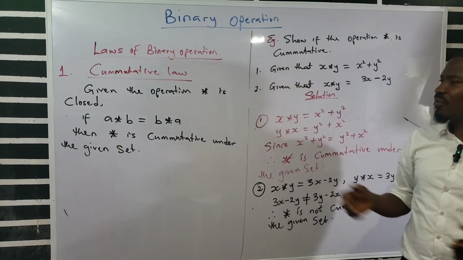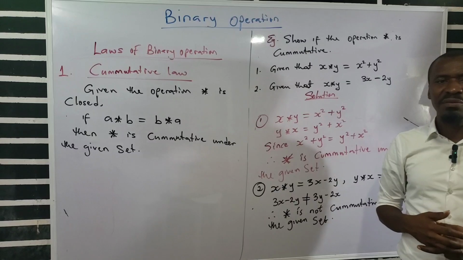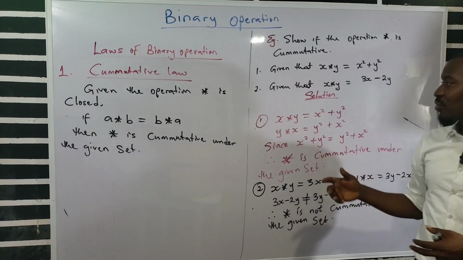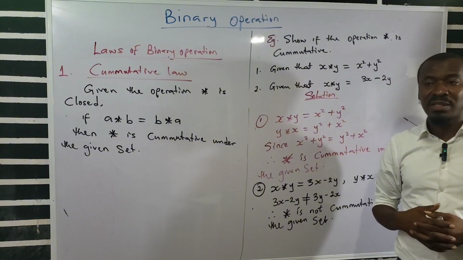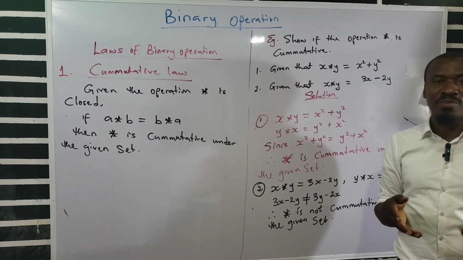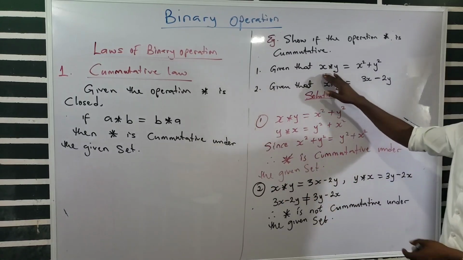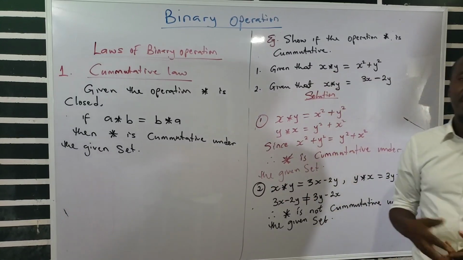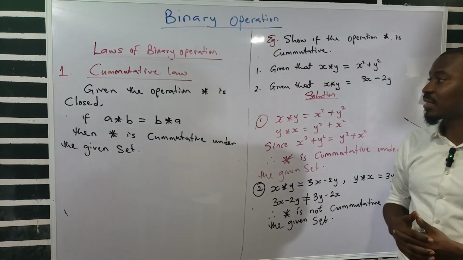They can give you any form of operation to find if they are commutative or not. You can pick numbers, but please don't pick 0 and 0. Just pick a good number, probably like 3 and 5. So you put it in your expression and find out whether it will be the same. If it's not the same, then it's not commutative.